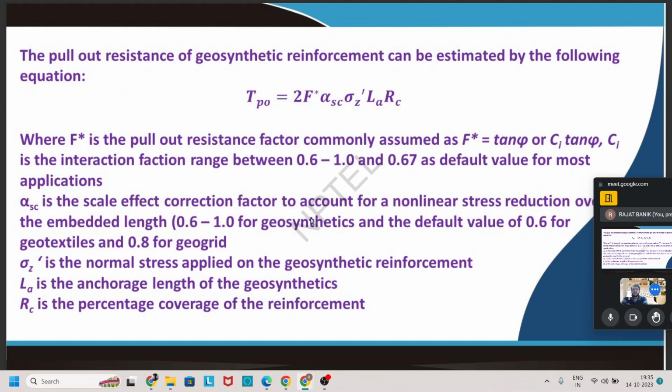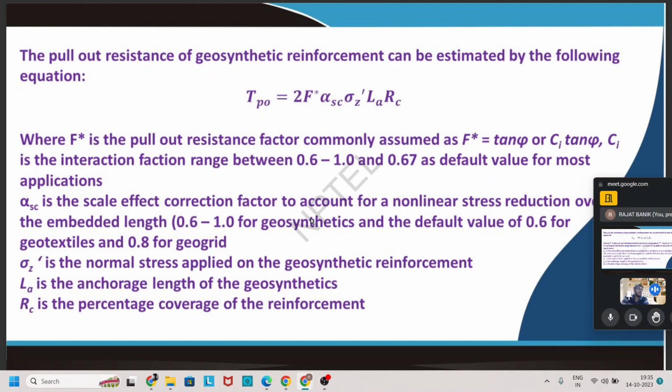The pullout resistance of geosynthetic reinforcement can be estimated by the following, that is Pu is equal to 2 F star alpha_SC sigma Z dash LA RC, where F star is the pullout resistance factor, commonly assumed as tan phi or Ci tan phi, where Ci is the interaction factor ranging between 0.6 to 1, and 0.67 is the default value for most applications.